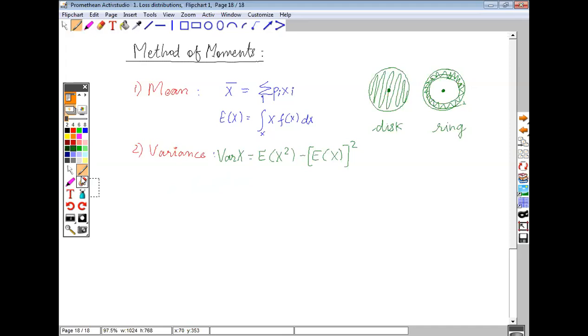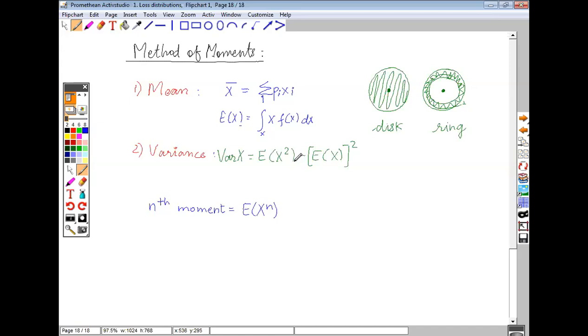So again, variance is not one of the moments, I would say, but it is something that you can derive if you know the moments. Essentially my first moment is the mean, which is the expectation of x, and my nth moment will be expectation of x raised to n.